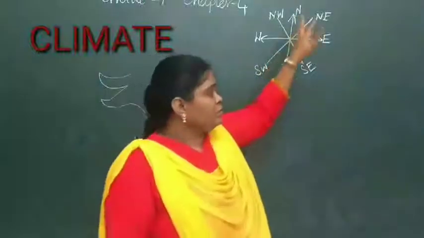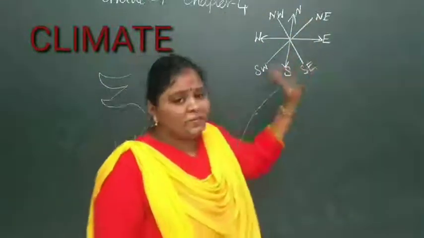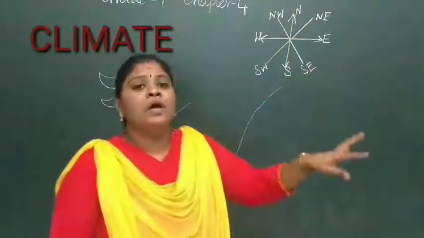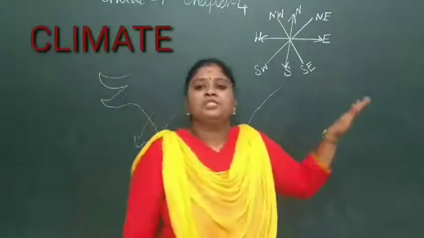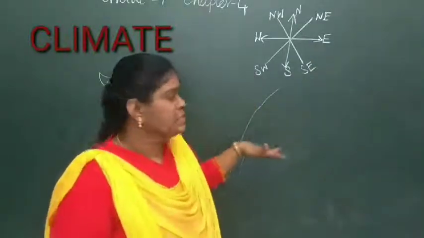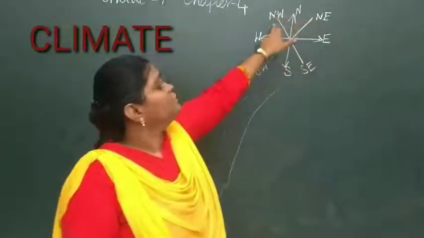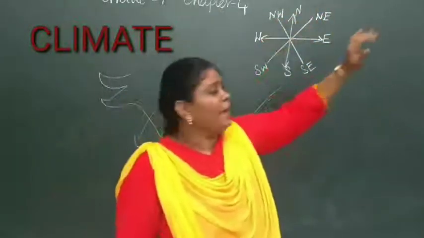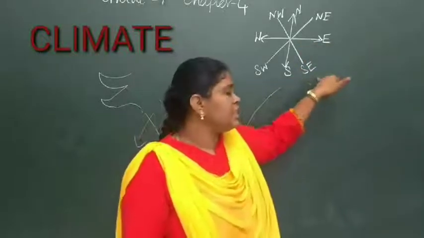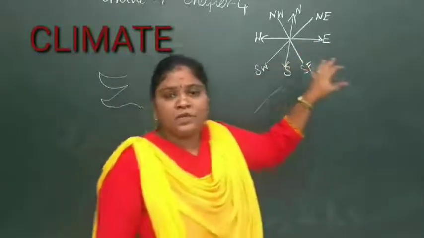This is the main thing, but we still have 4 other directions which we are supposed to know while learning this chapter. That is the northeastern and northwestern regions, and the southeast and southwest regions.